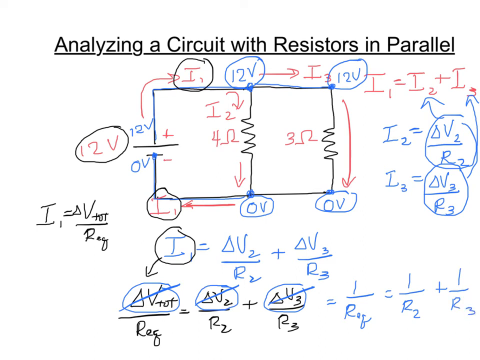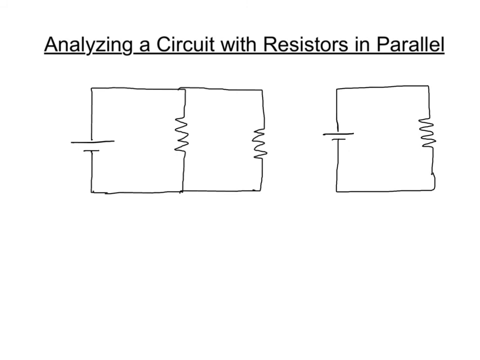I guess I called them 2 and 3 because that was the branch. Okay, so the equivalent resistance for the whole circuit then is, if I go to the next slide, 1 over R2 plus 1 over R3, which from that last slide is 1 over 4 ohms plus 1 over 3 ohms, equal to 0.25 plus 0.3 repeating.